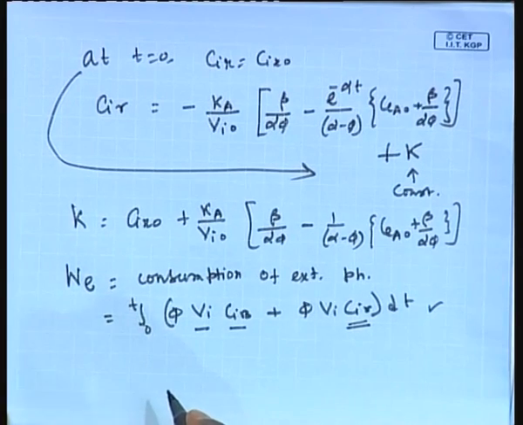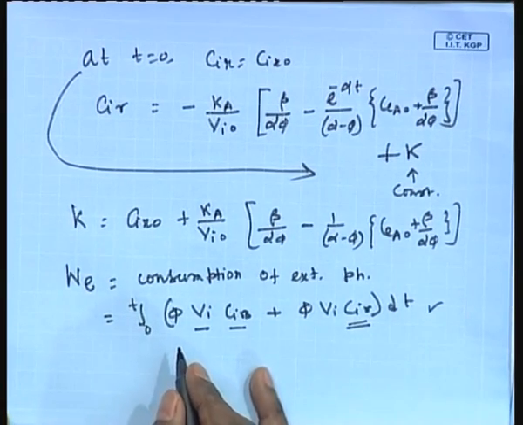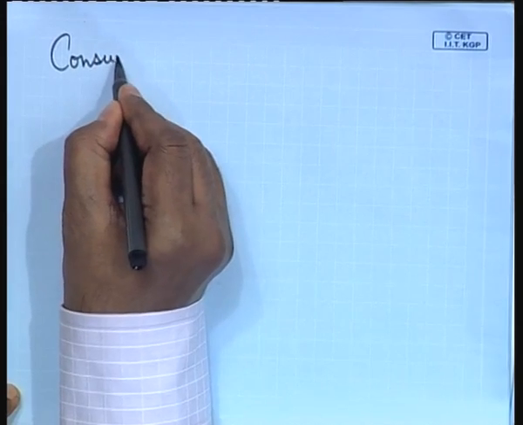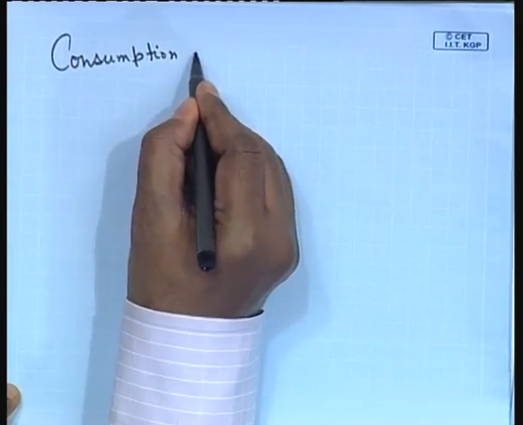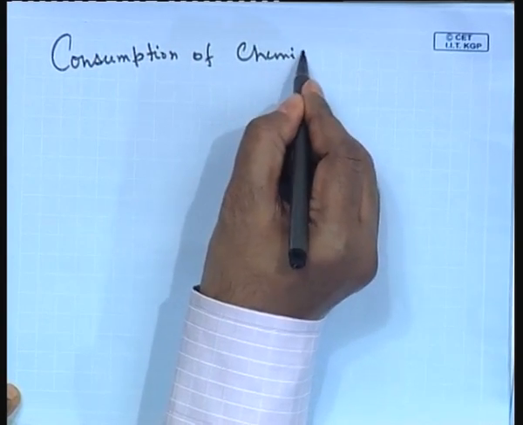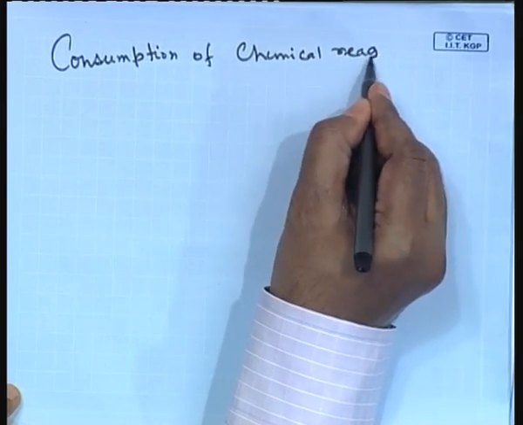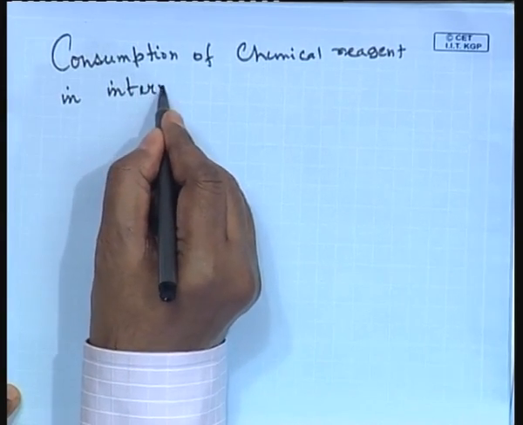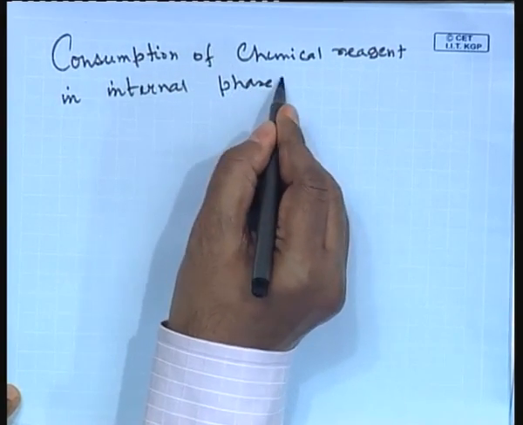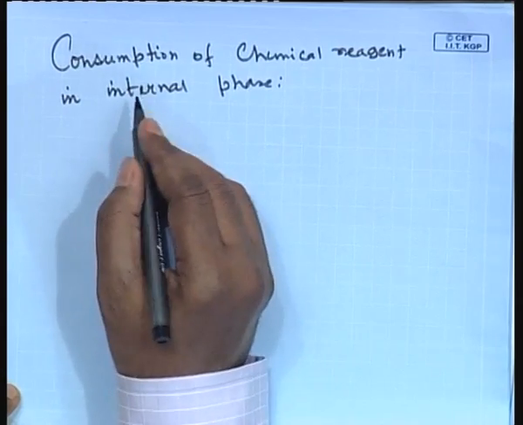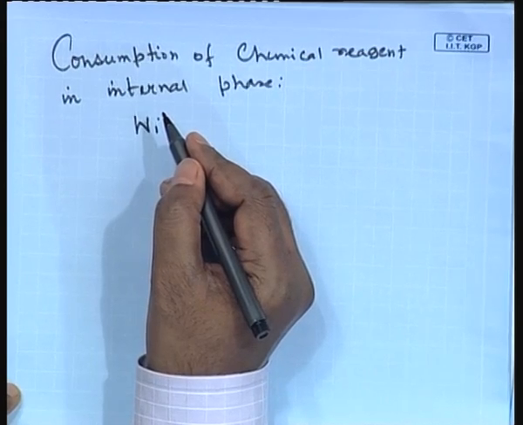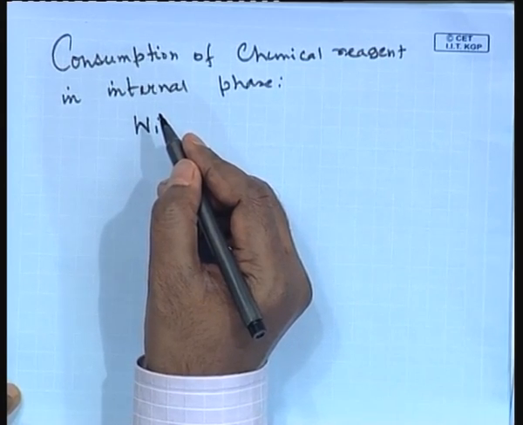Similarly, you can find out the consumption of chemical reagent in the internal phase. That means W_I, that means how much sodium hydroxide has been consumed to convert phenol into phenolate. Okay.